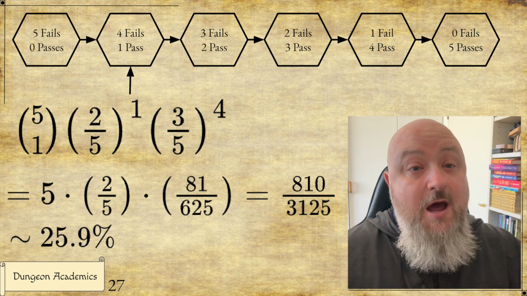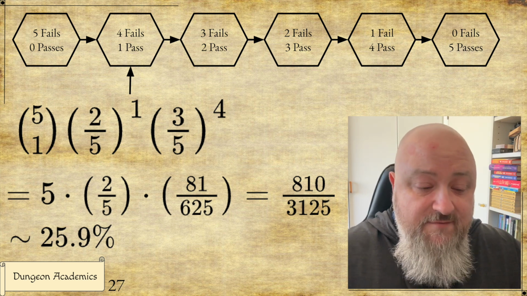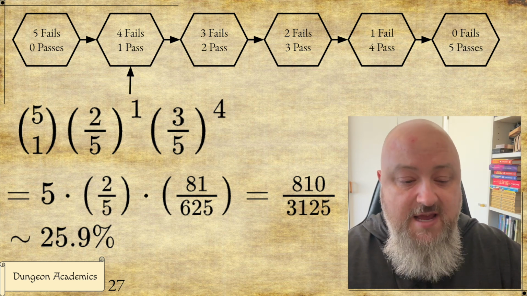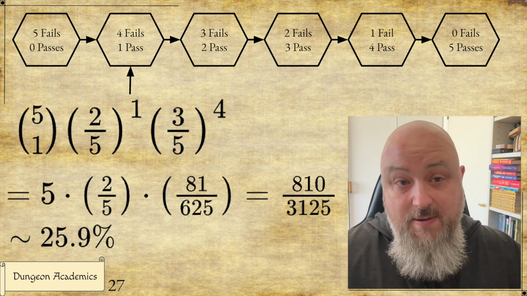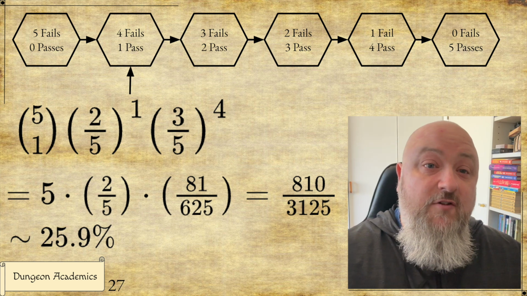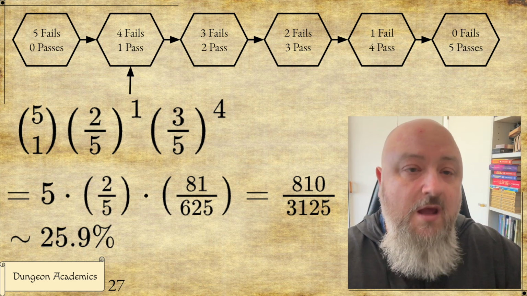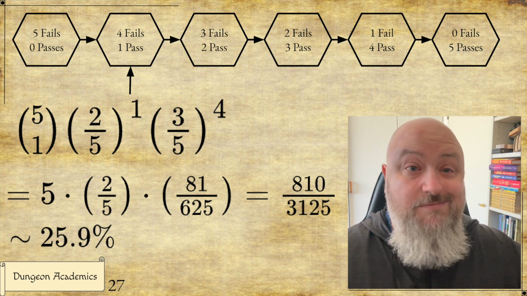Moving on, now we can look at 4 failures and 1 success. So we're going to have 5 choose 1. There are still 5 events and we're choosing 1 success. The chance of getting 1 success is 2 in 5 to the power of 1. And the chance of getting 4 failures is 3 in 5 to the power of 4. When we multiply this together, we work out what 5 choose 1 is. 5.